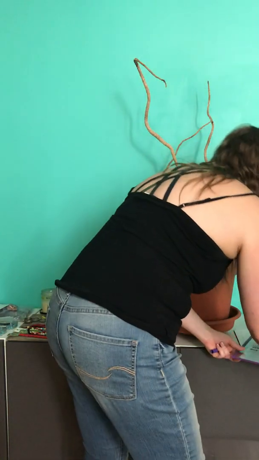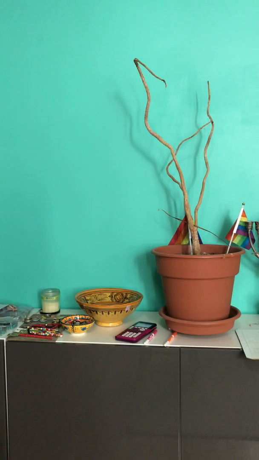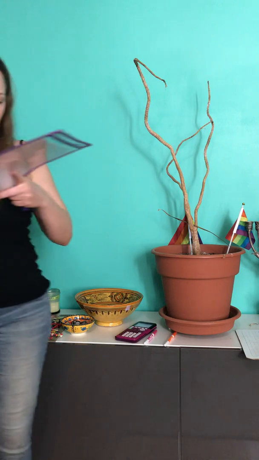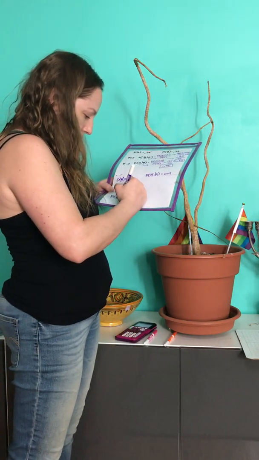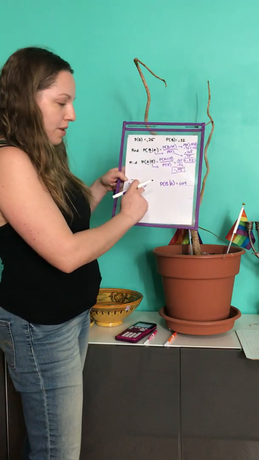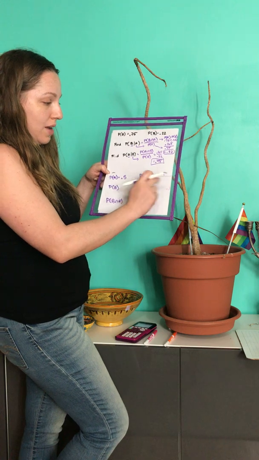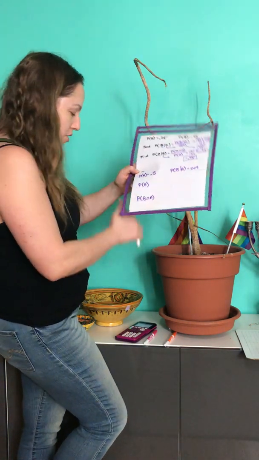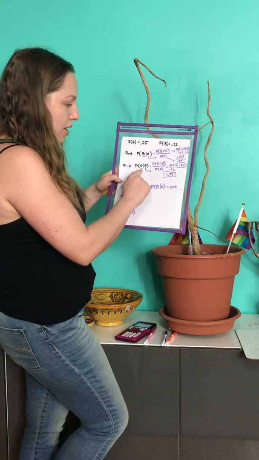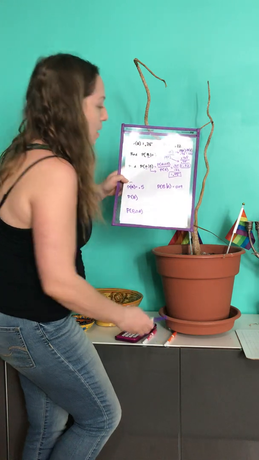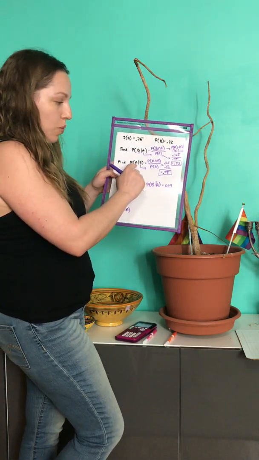Last thing I'm going to show you is if we have the probability of A and the probability of B given A. Find the probability of B. Okay, so let's say they gave us the probability of A and they gave us the probability of B given A. Well, remember we said if the events are independent, we noticed that the probability of A given B was going to be the same as the probability of A. So the one in front.